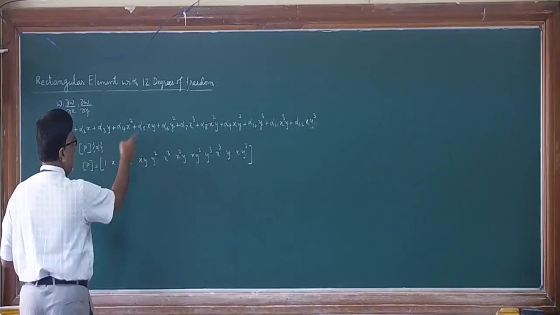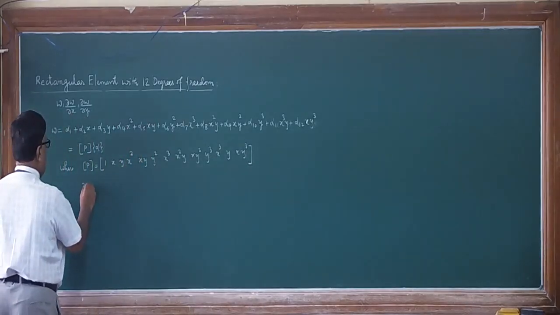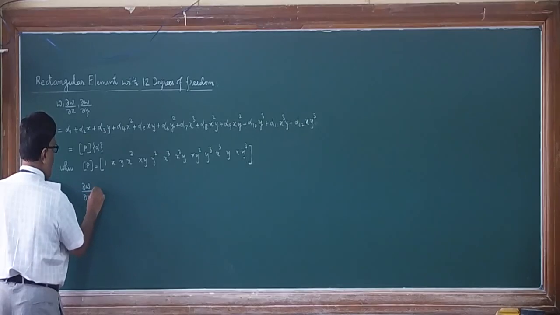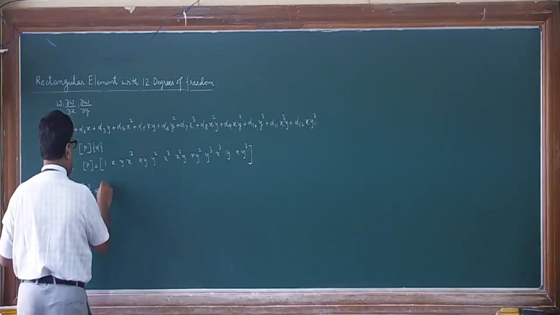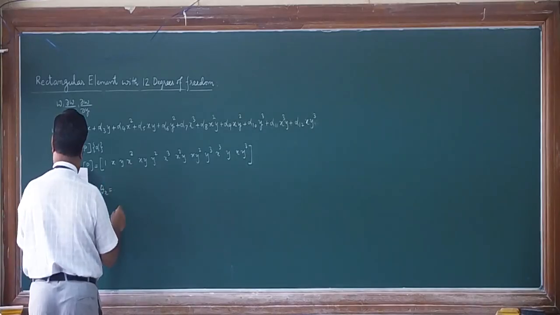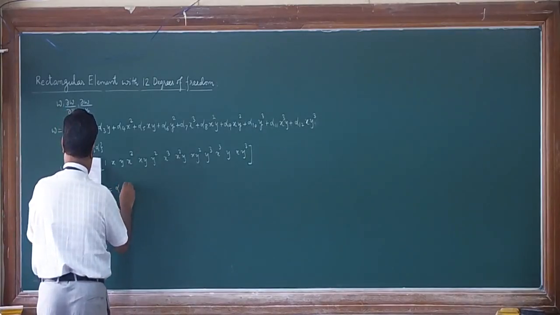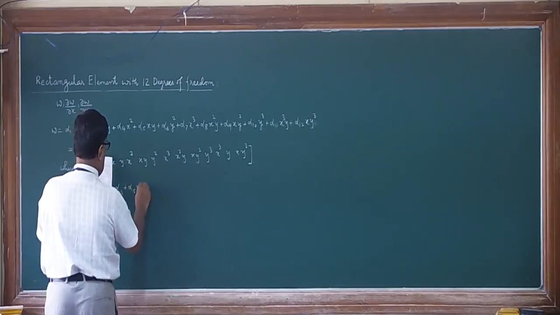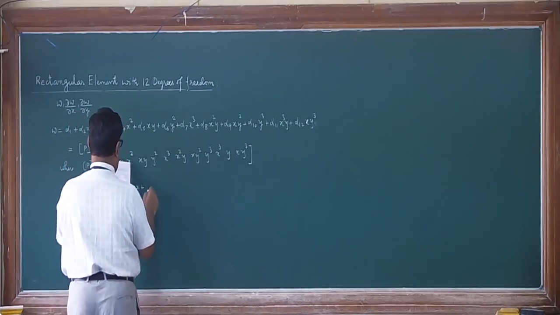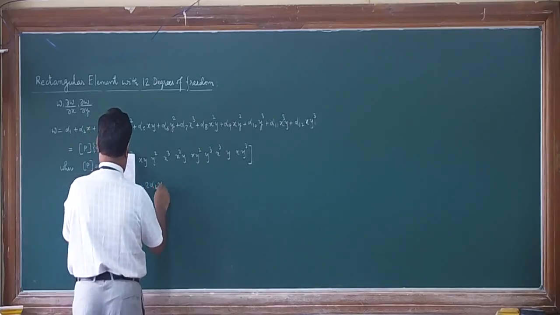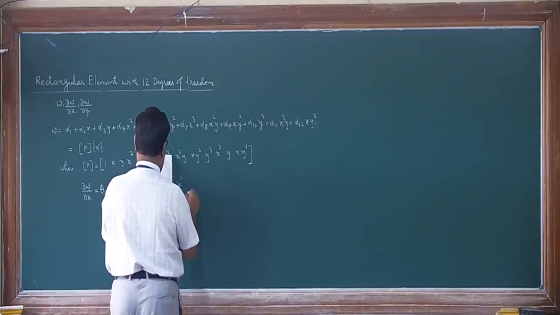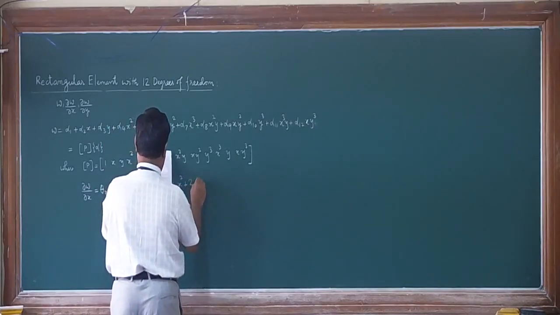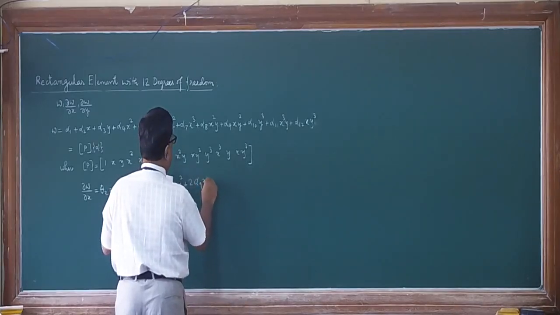And if you take dou w by dou x out of this, all the x terms will go, which we call theta x, the slope: alpha 3 plus alpha 5 x, 2 alpha 6 y, plus alpha 8 x square plus 2 alpha 9 xy.